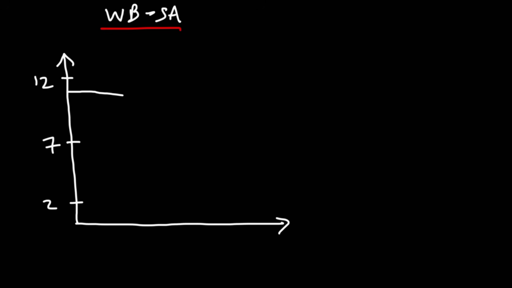So the graph will be somewhat horizontal, and then eventually it's going to decline, and then it's going to be horizontal again. Now, the takeaway from this is that at the equivalence point, the pH will be less than 7 for a weak base, strong acid titration.